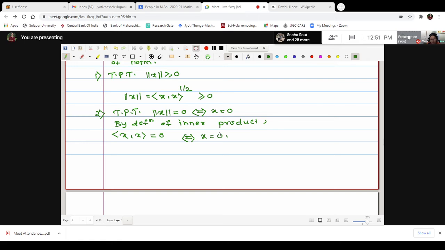If I take a square root on the left, this will be norm. Therefore, norm x is equal to 0 if and only if x is equal to 0. Therefore, the second condition is also proved.